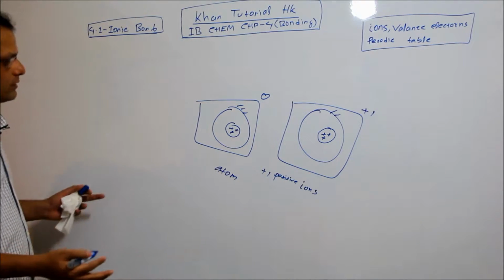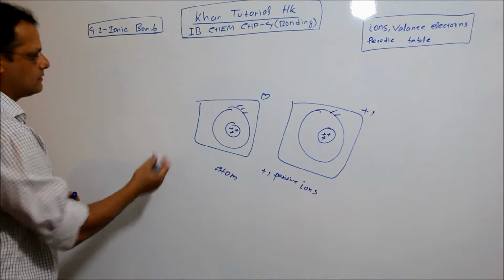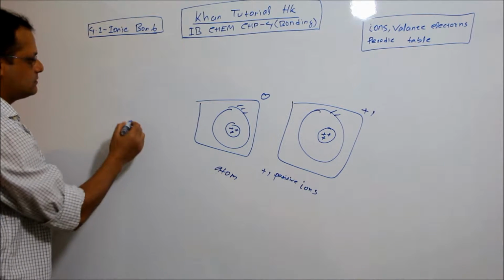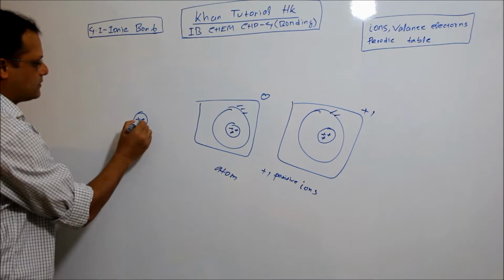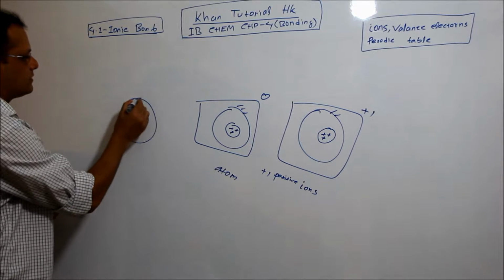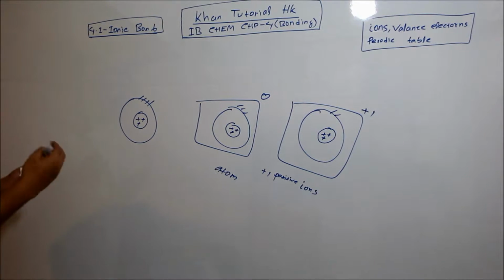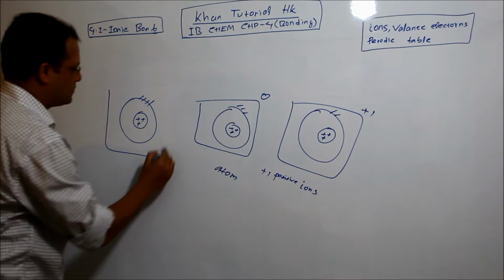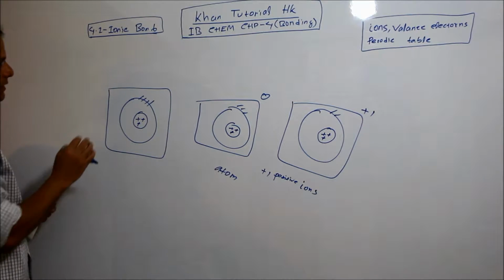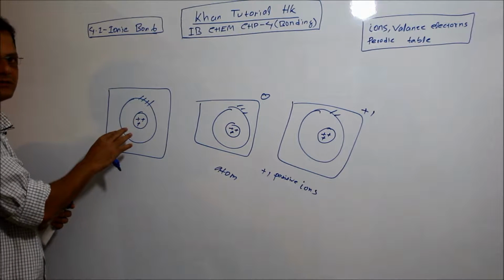In the other way, if this atom gains one more electron, what will happen? In the nucleus it still has 3 plus, and outside the nucleus it now has 4 minus. It gained 1 electron, so now it has 1 more minus than plus.